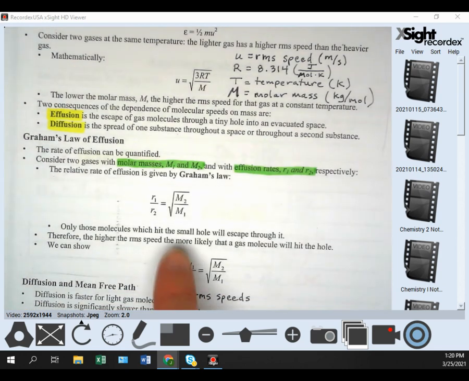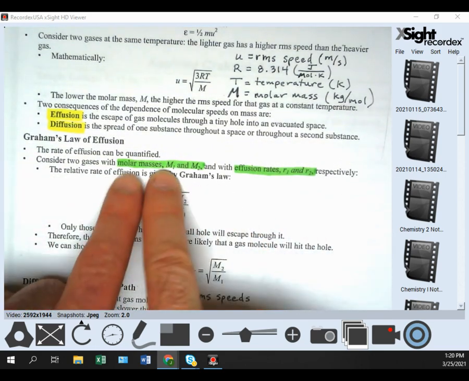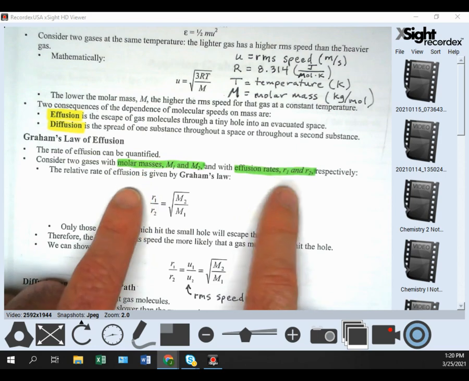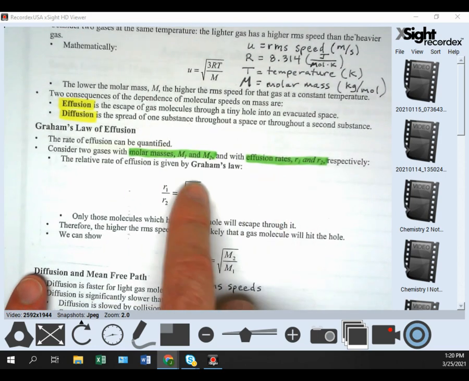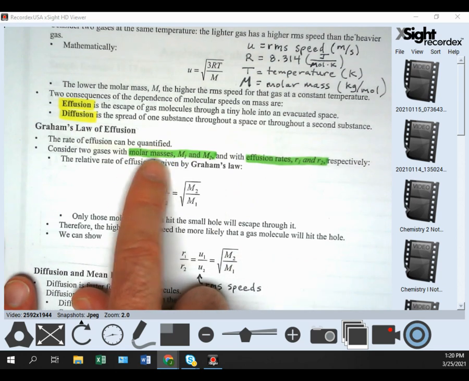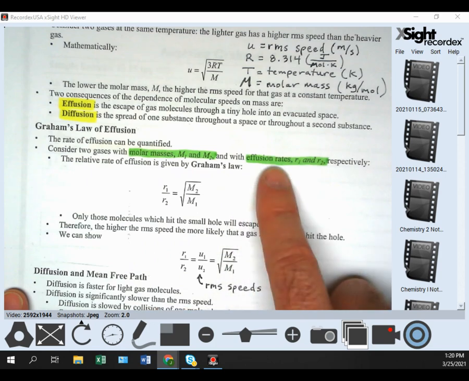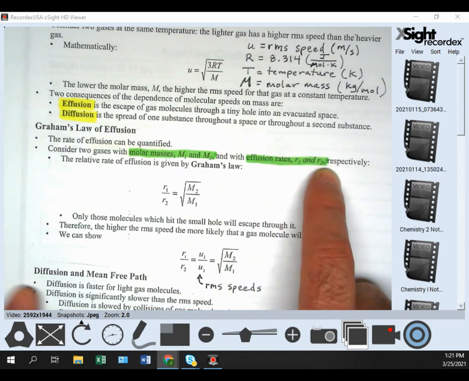Okay, so these are the equations. I highlighted the green here because instead of me writing the variables out the side, they're listed right here. So basically, you get molar mass 1 and molar mass 2 from two different gases, and then you get effusion rates R1 and R2.